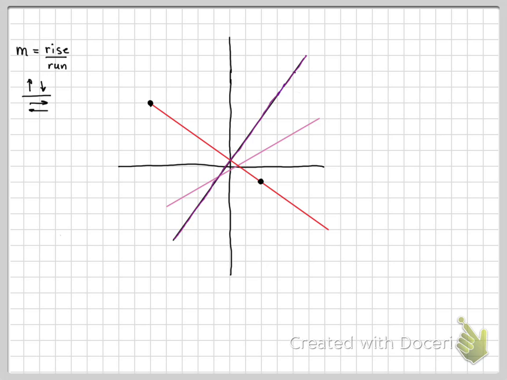We have to go down 1, 2, 3, 4, 5 to get to where we are even with that point. So we went down 5, and then from there we go right 1, 2, 3, 4, 5, 6, 7. So the slope of the red line is -5/7.